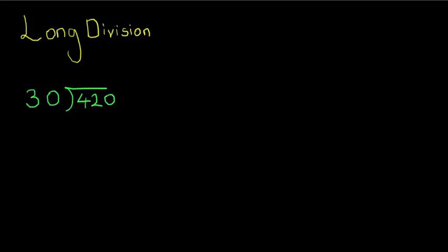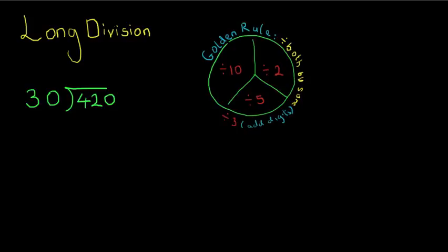Divide 420 by 30. Now if I think of this as a fraction, i.e. 420 over 30, I might think about simplifying, and we call our rules about simplifying where we look to find a common factor. So for example, the three commonest rules are where both end in a 0, in which case I would divide by 10, or where both were even, in which case I'd halve, divide by 2, or where both were divisible by 5 because it ends in a 5 or 0.